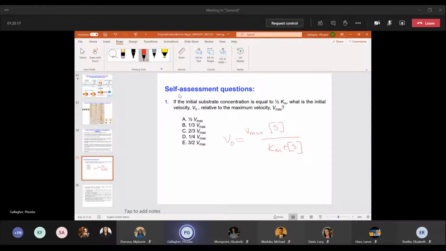We know the substrate concentration is equal to half Km, so V equals Vmax times 1/2 Km over Km plus 1/2 Km. Then you add those together, that's equal to 3/2 Km, and you can move the Vmax out of that equation. So 1/2 divided by 3/2 is times 2/3, so it's 1/3 Vmax. Does that make sense?